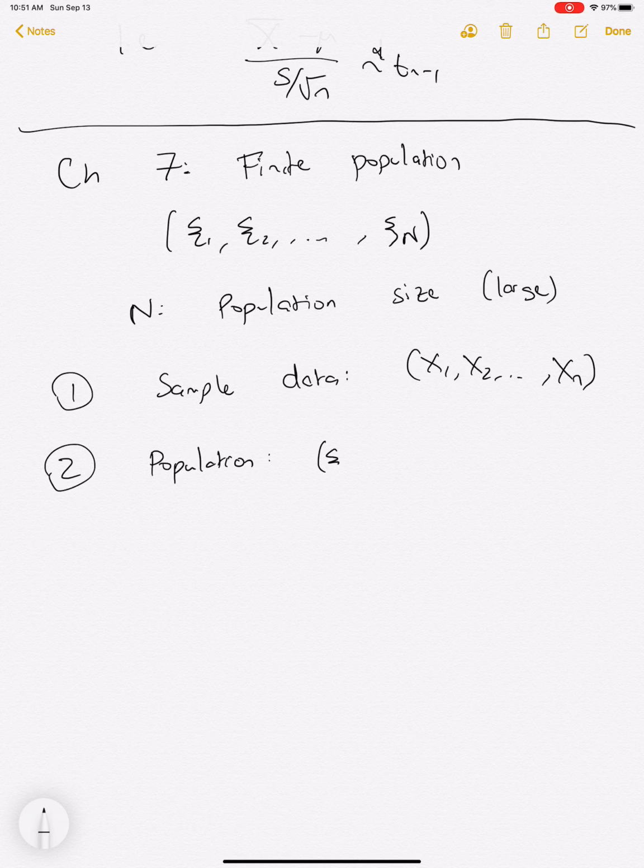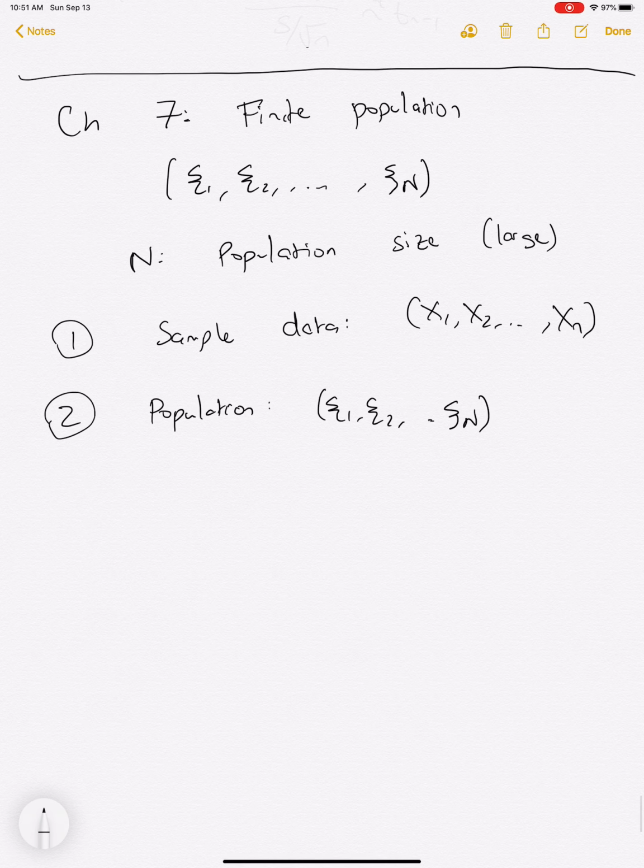I should be clear here that n is the sample size, and it's always going to be smaller than big N.